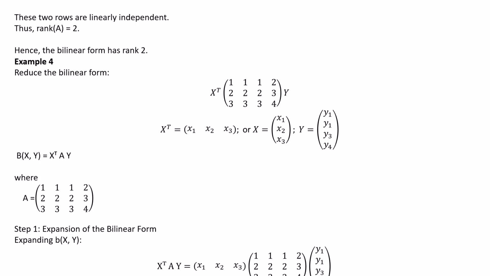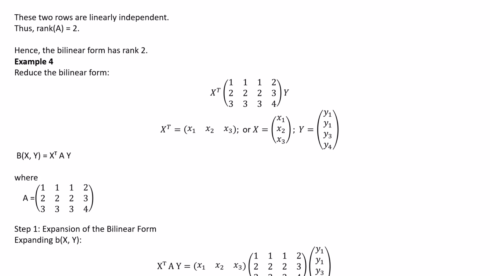I think you can still recall from your 203 how to find the rank of a matrix when you use your row reduced echelon form. The number of non-zero rows that you have here is the rank of the matrix. So this bilinear form has rank 2.